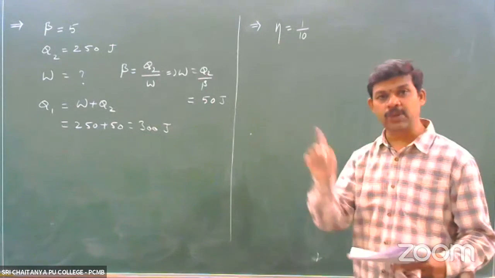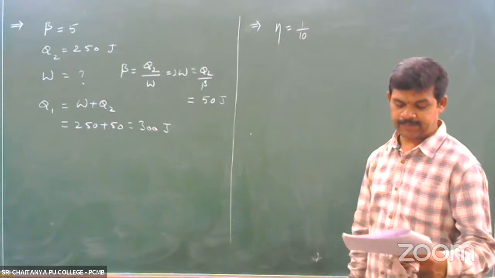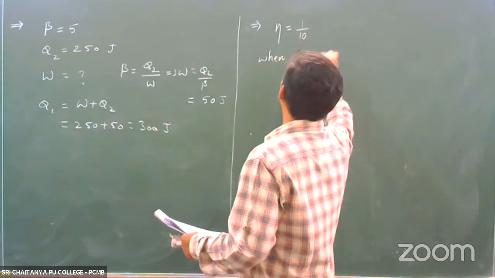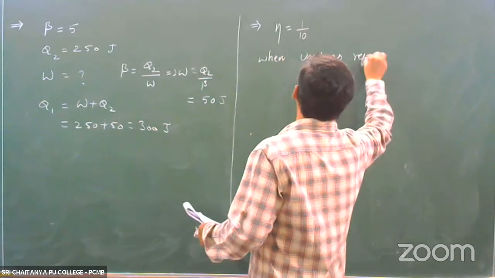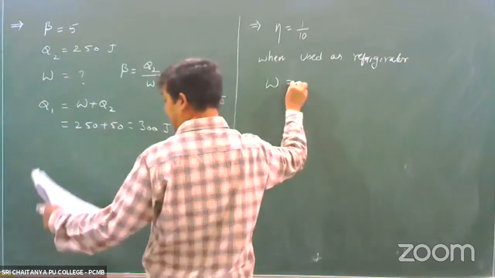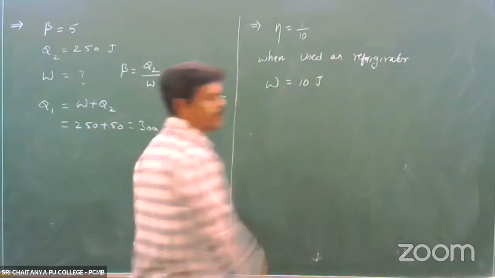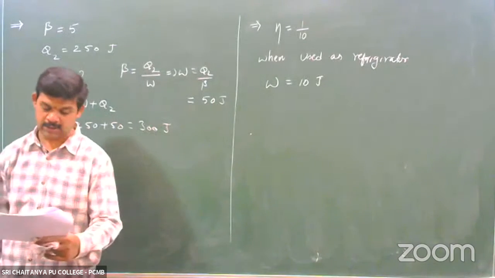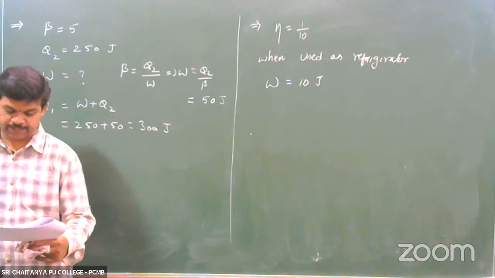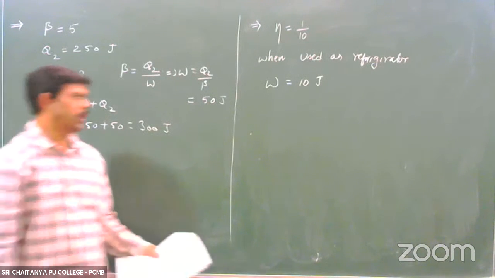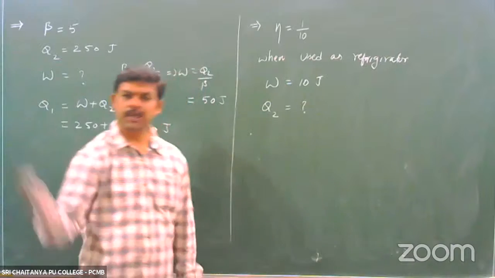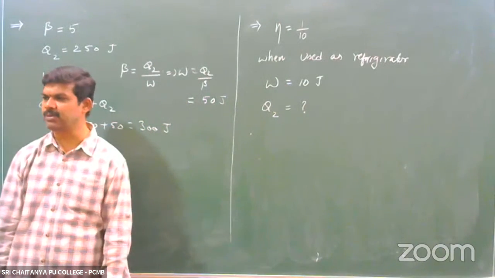Then, when it is used as a refrigerator, the work done per cycle is 10 joule. They ask, what is the amount of heat absorbed from the cool reservoir, from the sink?